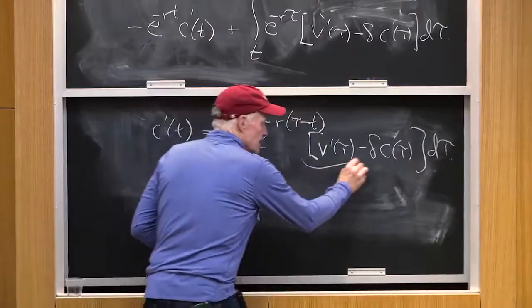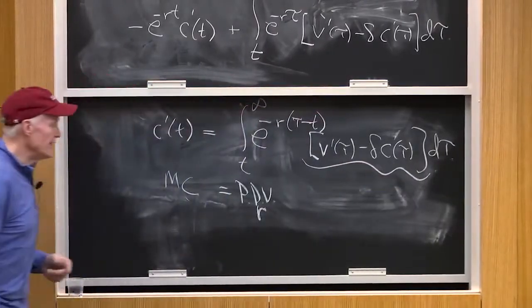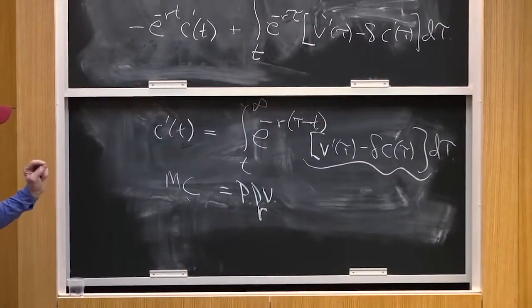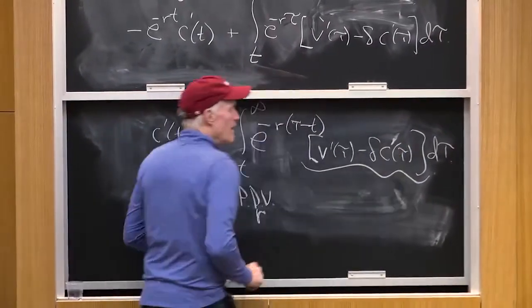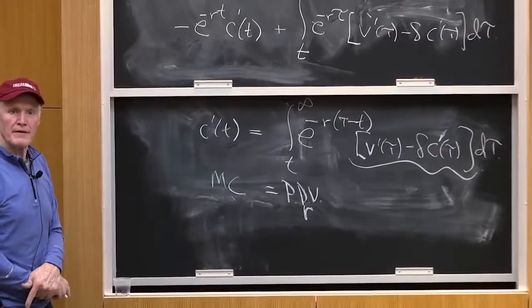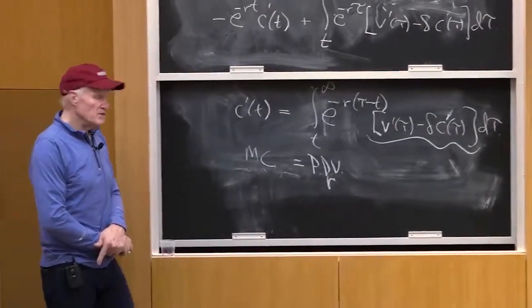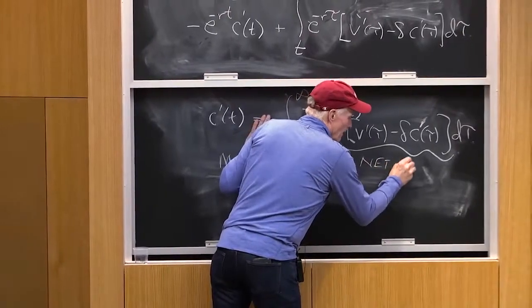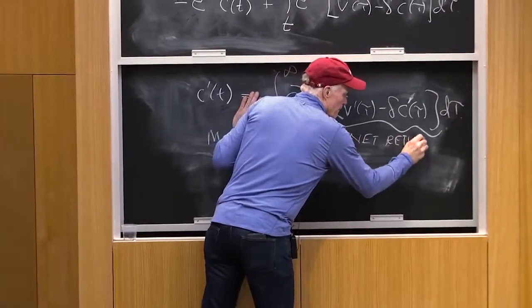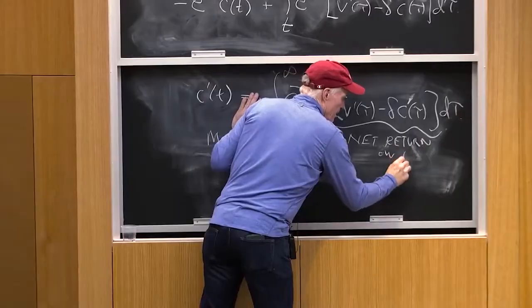And what is this? Anybody know what we call that? What is v prime minus delta c prime, sorry? What is that? Anybody know what that's called? It's called the net return on capital, right?